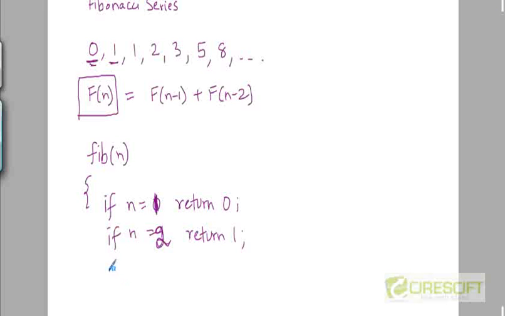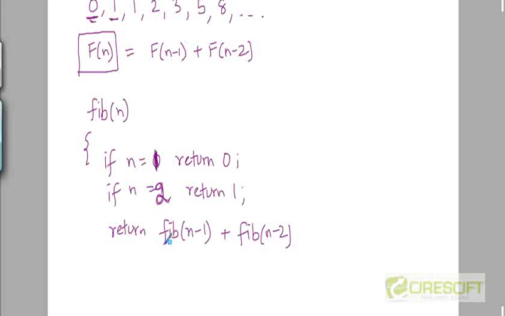You can add that check. If n is greater than 2, then we'll just return fib of n minus 1 plus fib of n minus 2. This is a simple recursive algorithm for calculating the nth Fibonacci number.